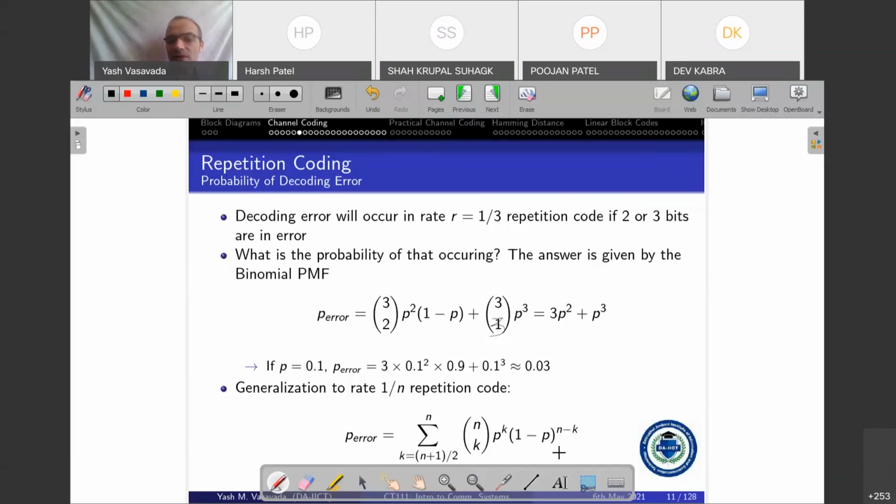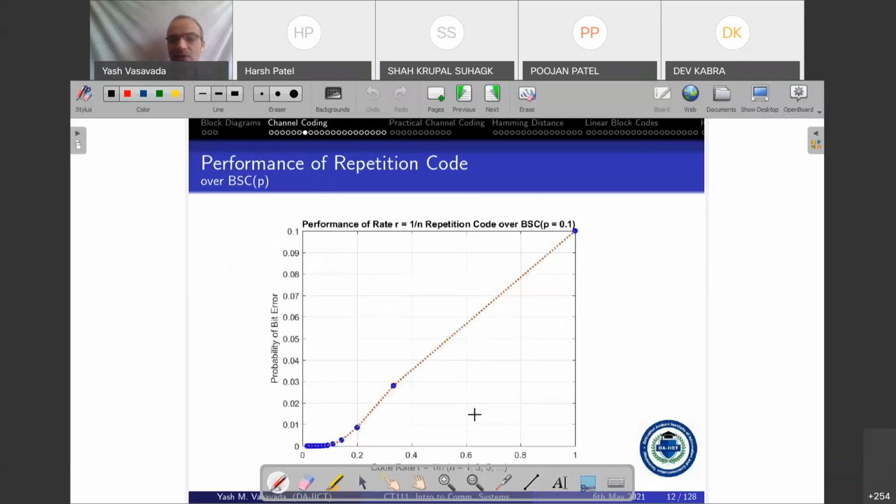We are just adding the corresponding PMF values. It's just a generalization of the formula that we have for this case. Now this is something that we can easily program in MATLAB, and then I can see what happens for higher values of n. So that is what I have done here.